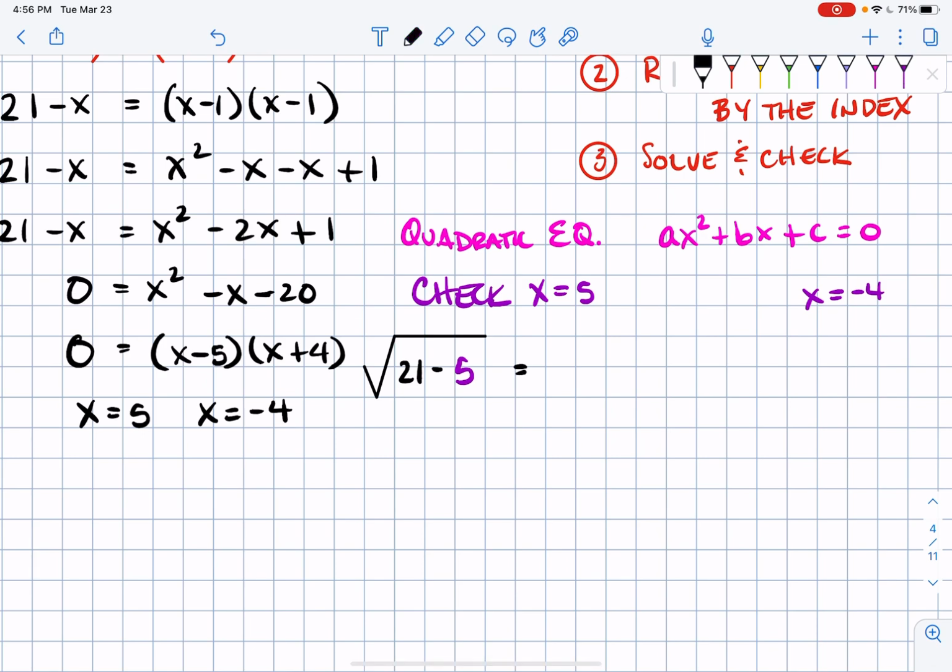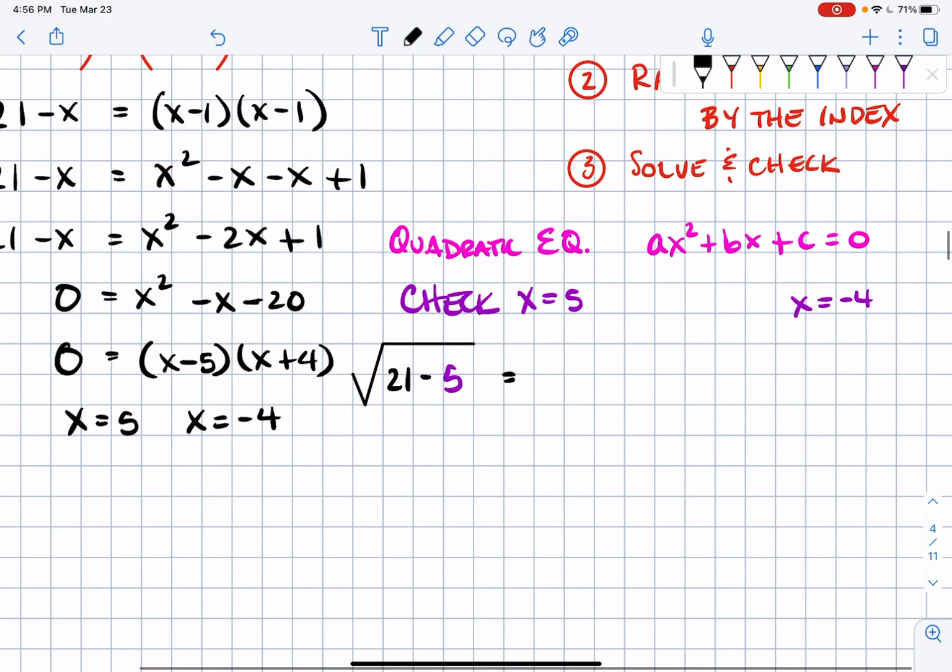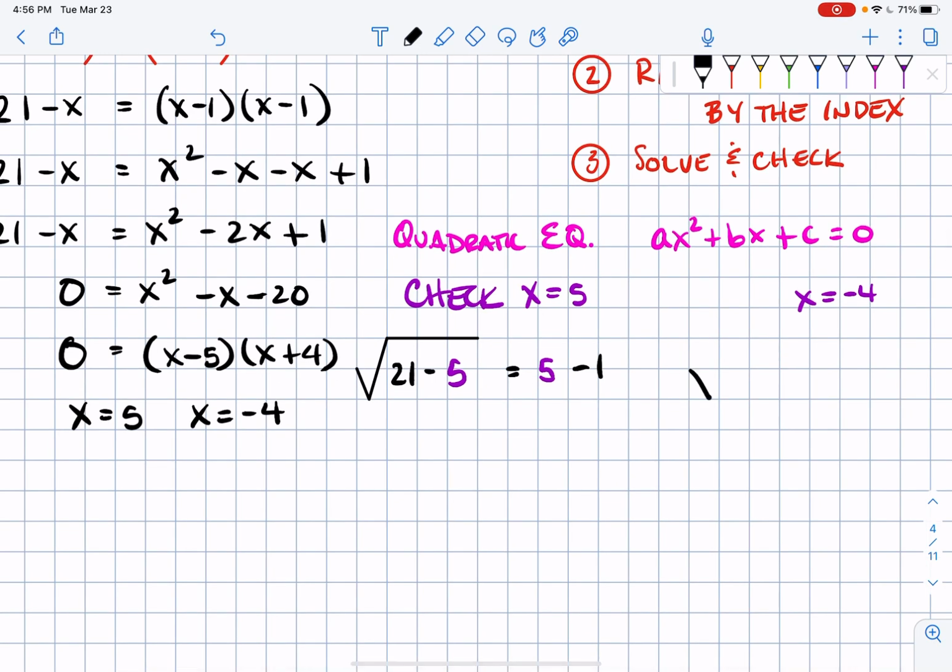Is that equal to 5 minus 1? And then I also have the square root of 21 minus a negative 4, and is that equal to a negative 4 minus 1?